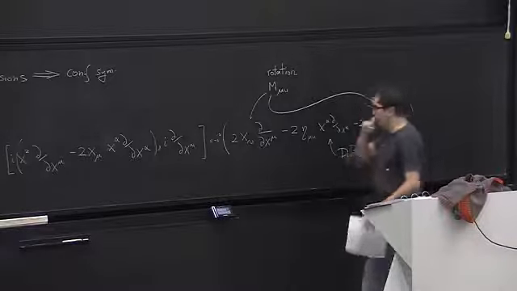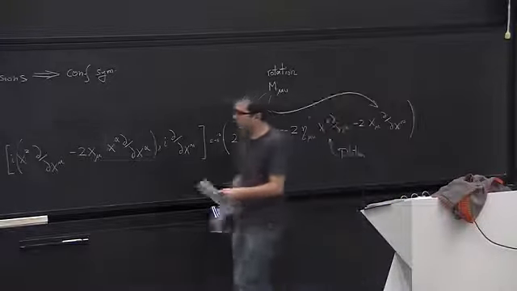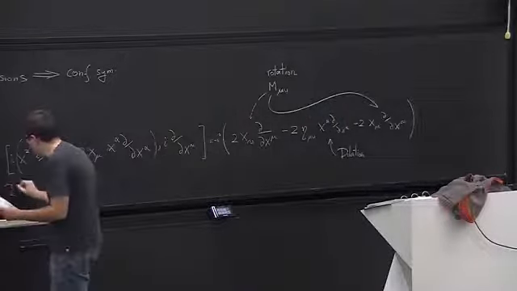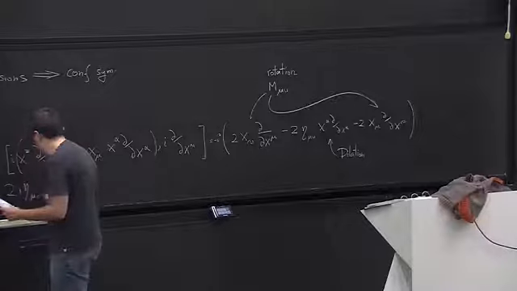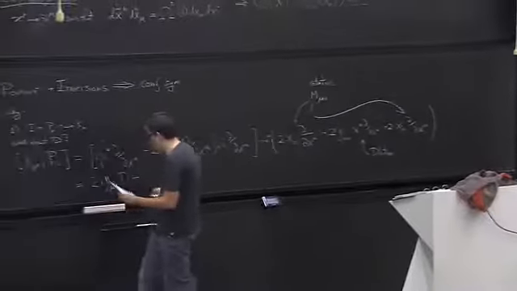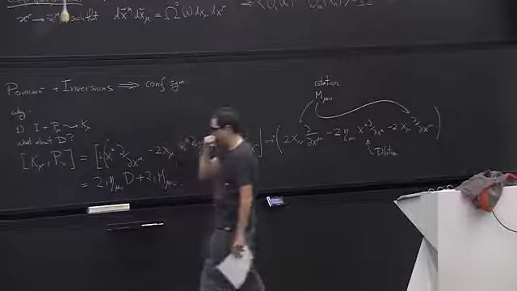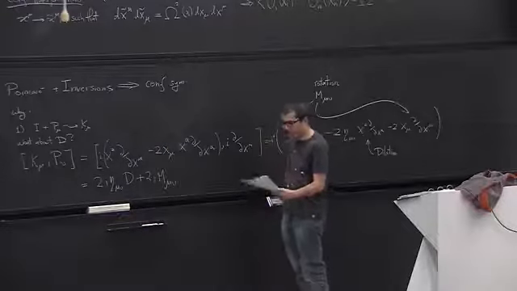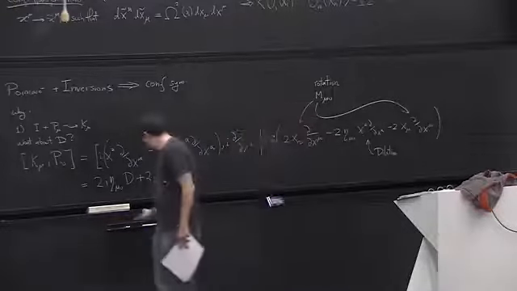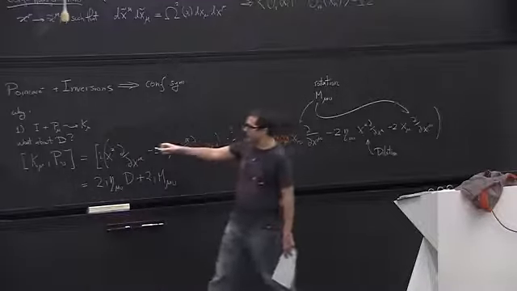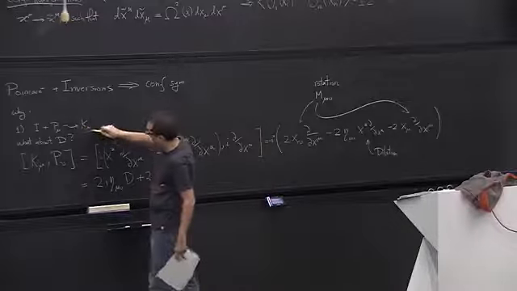So if we work it out carefully with all factors of i, we get that this is equal, if I did it correctly, to i eta_mu nu dilatation plus 2i M_mu nu. Okay. So we conclude that indeed, if you have inversion, you get K immediately.